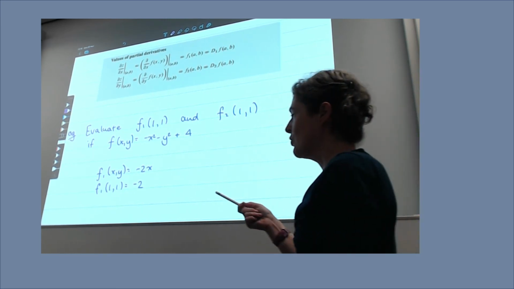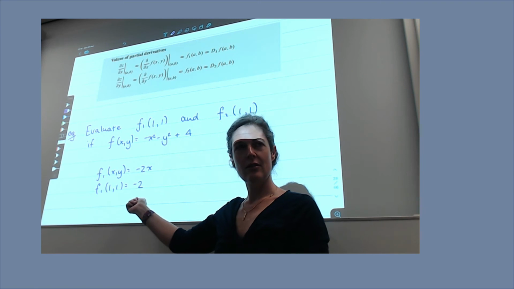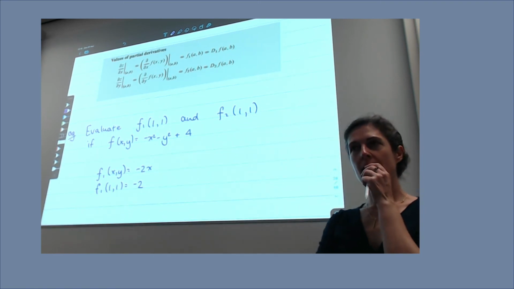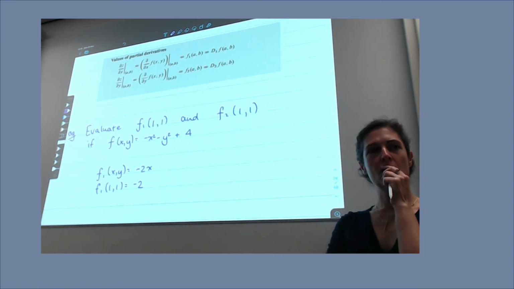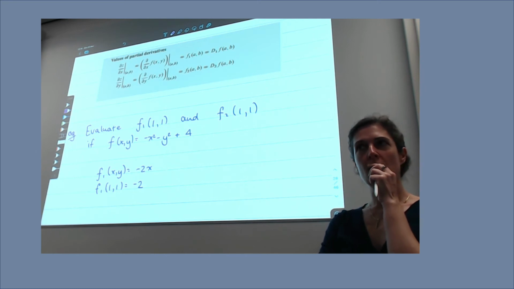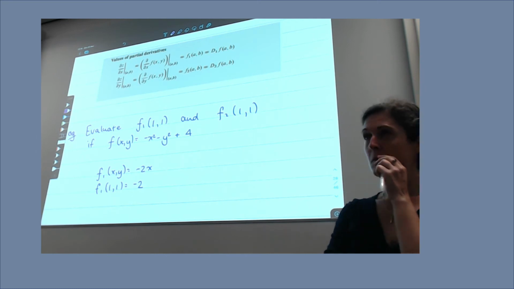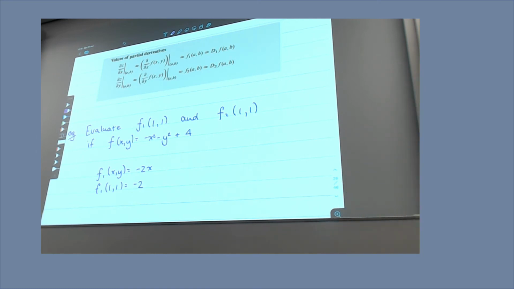Okay. So what does this number tell us? When you change x and you hold y constant at 1,1 basically, then z decreases by 2. Exactly.